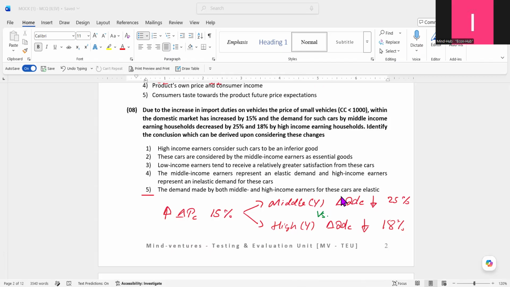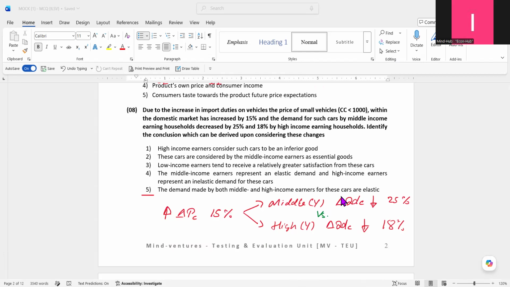So whether it's middle income earners or high income earners, their demand for small engine cars is elastic. But the middle income earners' demand is relatively more elastic than that of high income earners.